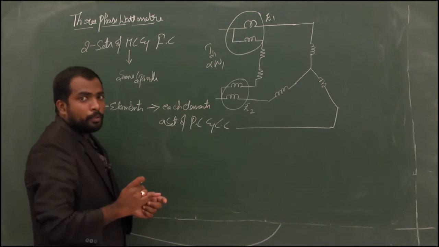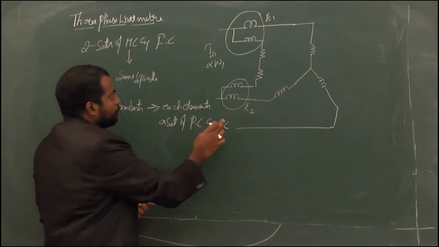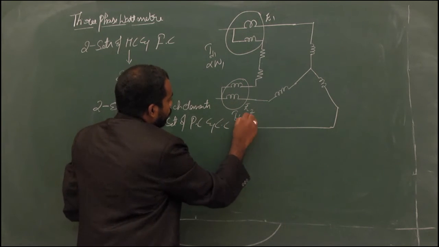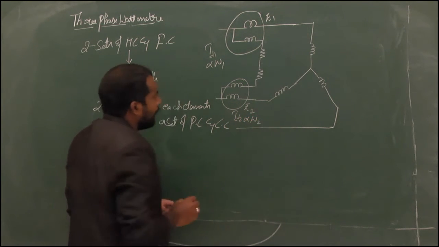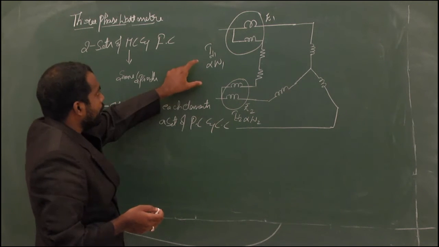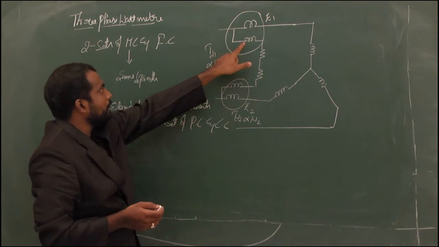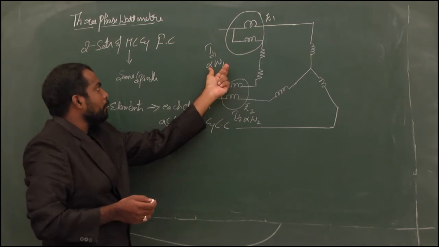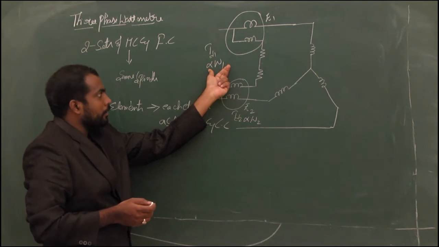Similarly, the net deflecting torque produced by element 2 is proportional to the power measured by that element, right? So the net deflecting torque produced by each element is directly proportional to the power measured by that element.